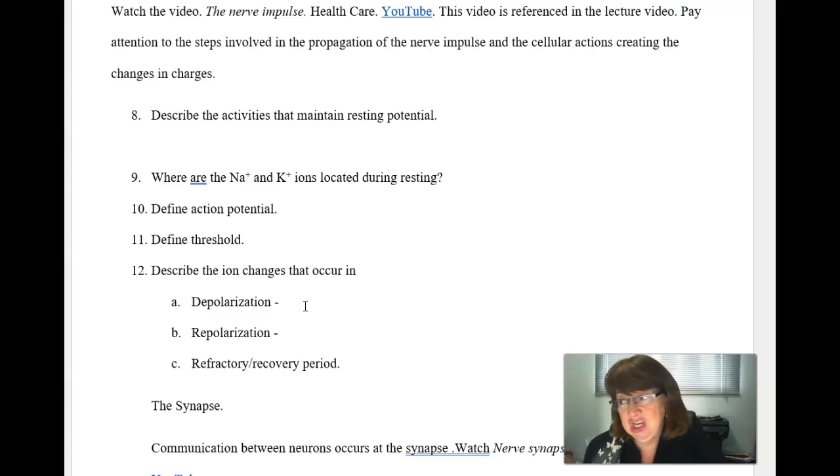Once that change depolarizes to a certain amount, that will cause the sodium gates to close, the potassium gates to open, and the potassium will then move out, repolarizing the neuron. Then it takes a while for everything to set and reset and recover, and that is called the refractory period. Good. A lot of information there.